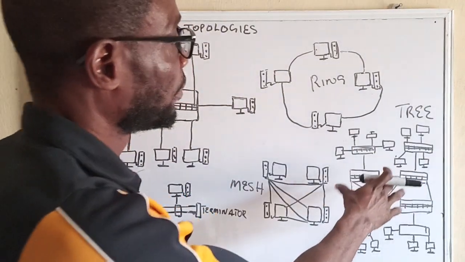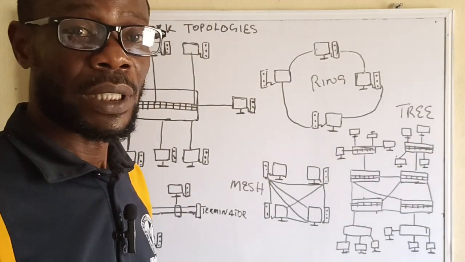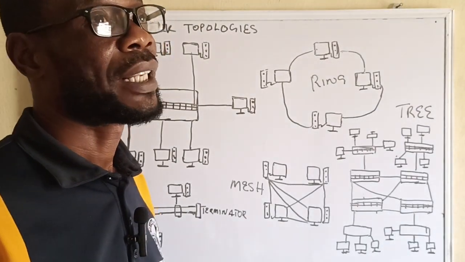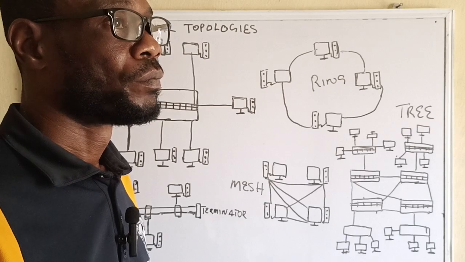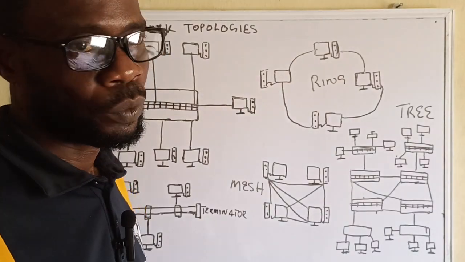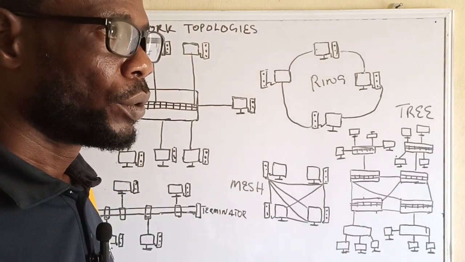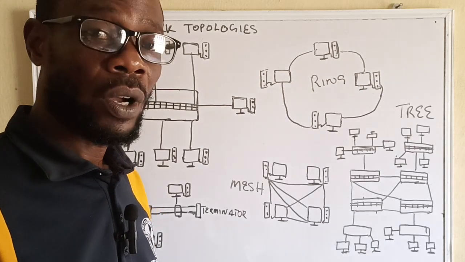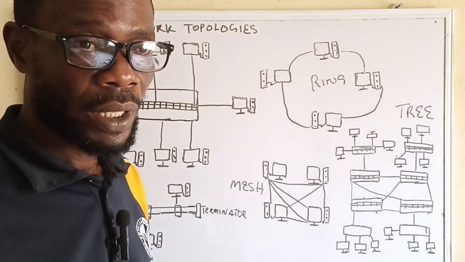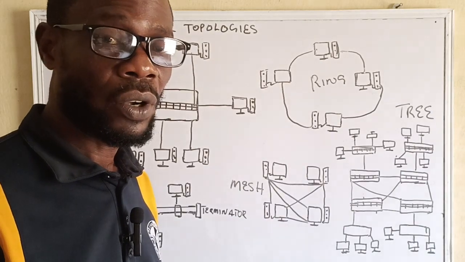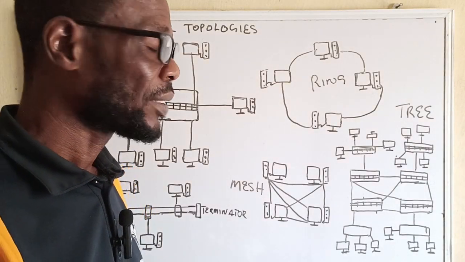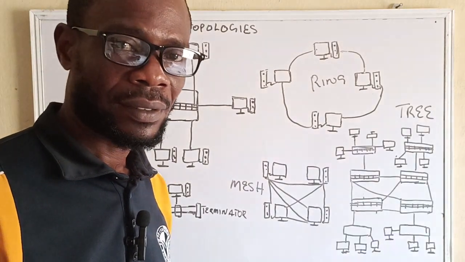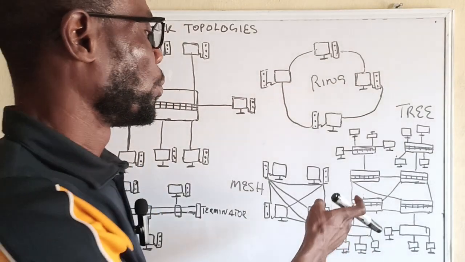This is a tree topology, a tree. A tree topology is just like a hierarchical network where the one at the very top is called core, the middle one is called distribution, and the last one, which the computers connect to, is called access.